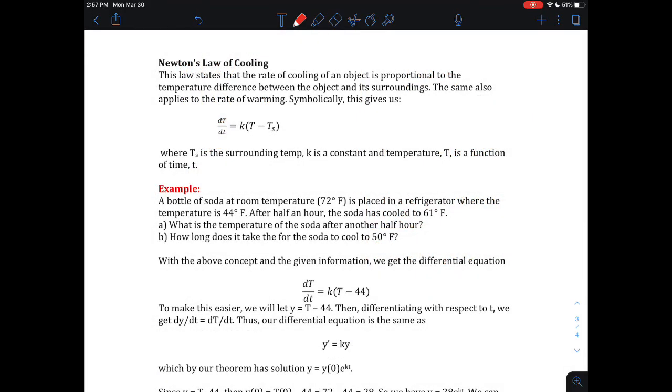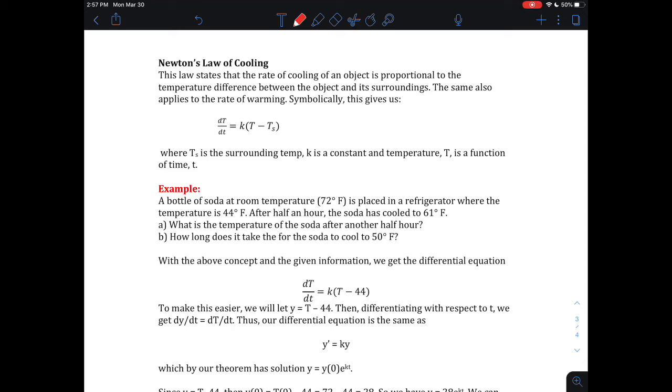For our other example, we're going to look at what's called Newton's law of cooling. This law states that the rate of cooling of an object is proportional to the temperature difference between the object and its surroundings. The same also applies to the rate of warming.